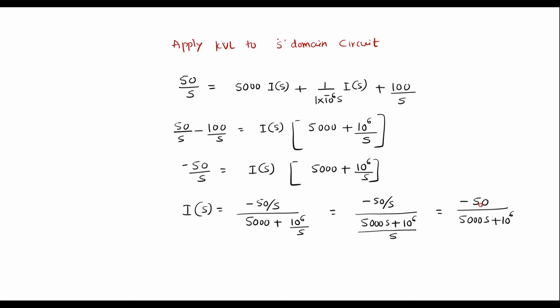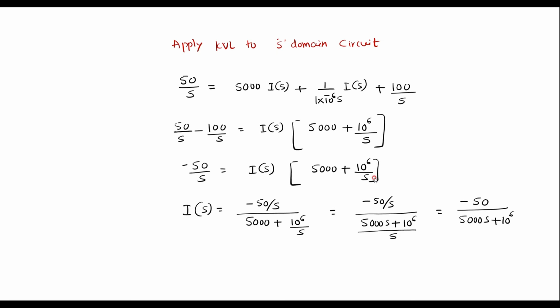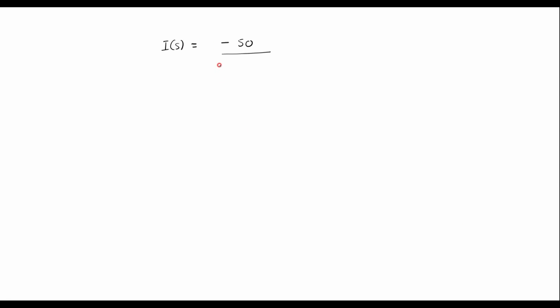I of S is equal to, on the numerator I will keep minus 50 as it is, and in the denominator I will take this 5000 outside the bracket, that is 5000, and in the bracket I will write S plus 10 power 6 divided by 5000, which is the same as the previous expression.